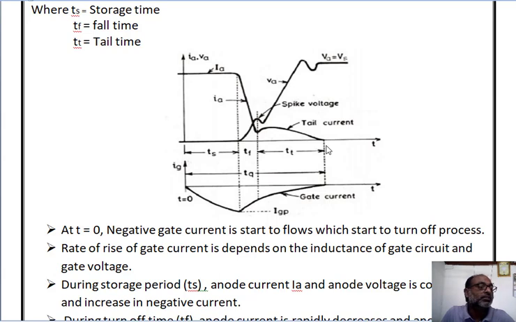The weight and size of this GTO are very small compared to the SCR. Its efficiency is also high. Here we are not using any choke in the commutating circuit. That means there is no hum and noise produced by this device.